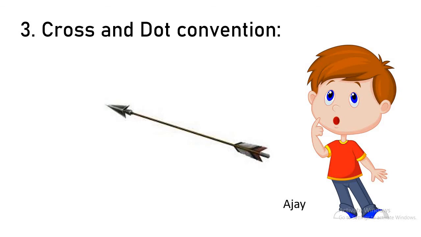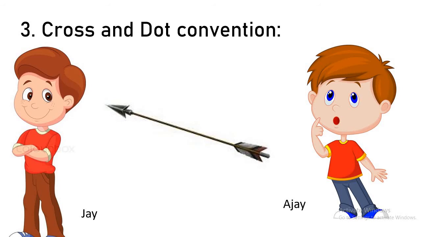And on the other side, his friend Jai is going to catch or see that particular arrow. Now Jai is going to observe which side of the arrow, front or back? Front side, obviously. So now there are two views of the arrow: one is the front view, another one is the back view.